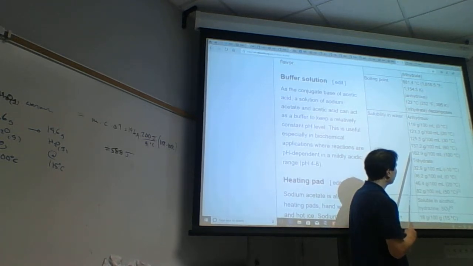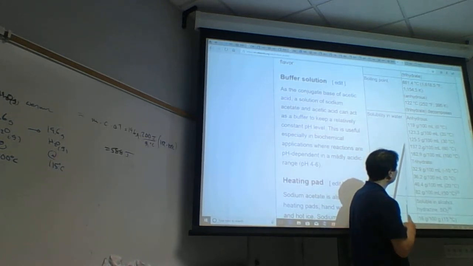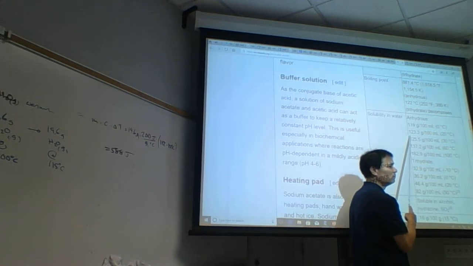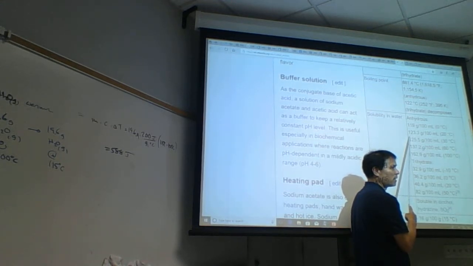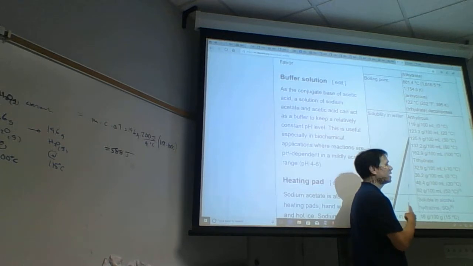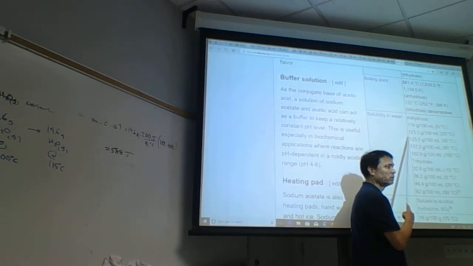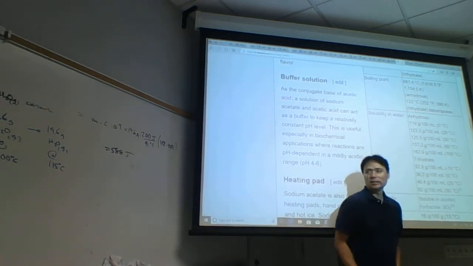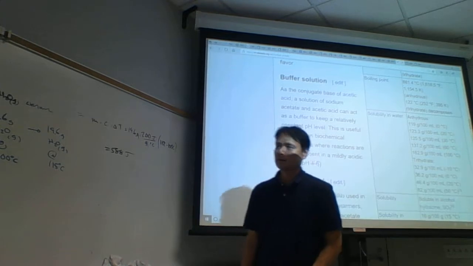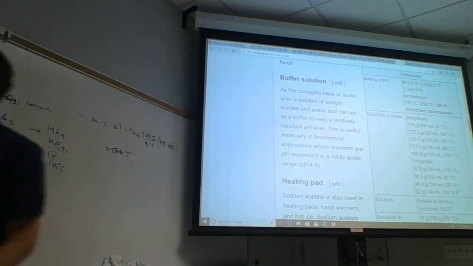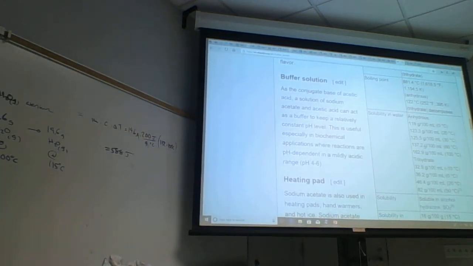And then we'll cool it back down. If we cool it back down to here, then the solubility is 120 grams. So we have 40 grams of excess sodium acetate dissolved. Now what should happen to that excess 40 grams? The excess 40 grams should precipitate or crystallize out of solution. But is it easy to nucleate sodium acetate crystals?